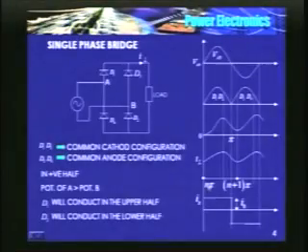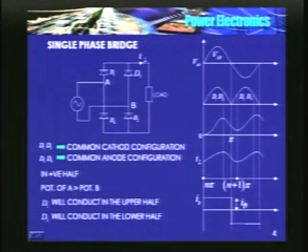If I assume the load current to be constant and ripple free, the source current is a square waveform. It is a constant from 0 to pi, or n pi to n plus 1 pi, and it is minus I naught from n plus 1 pi to n plus 2 pi.